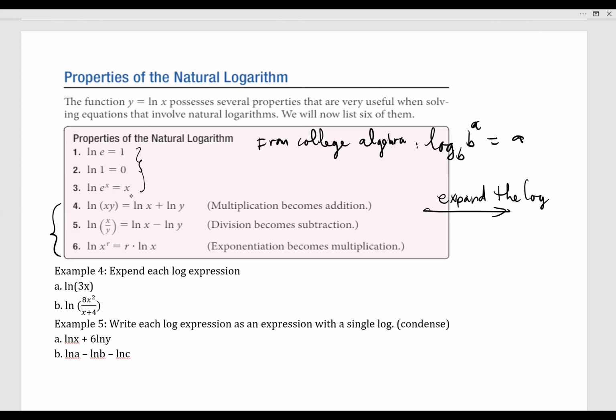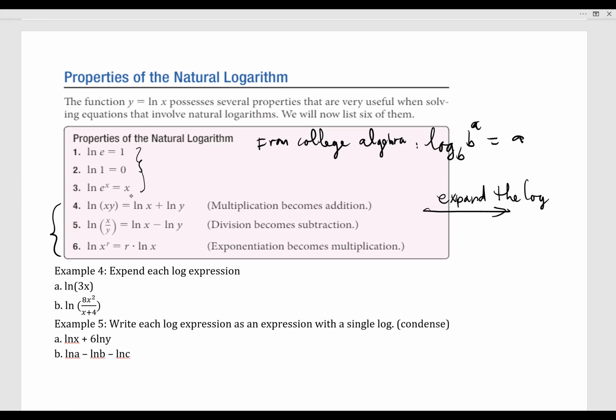You see in the fourth, the multiplication inside the argument changes to an addition of two logs. So from one single log it changes to two logs added, so it extends out like that.